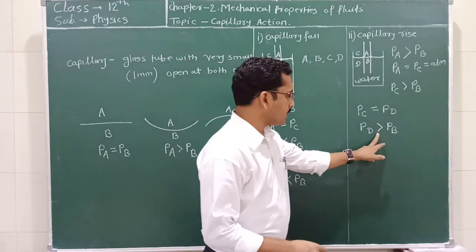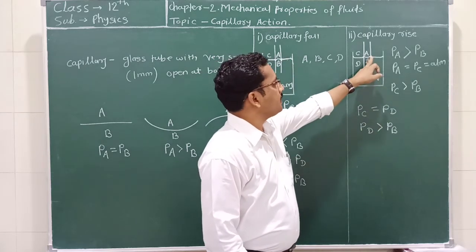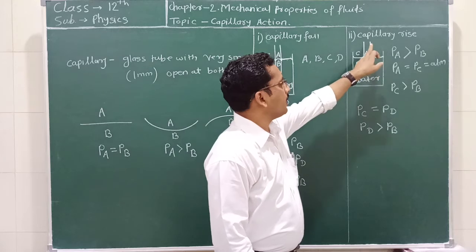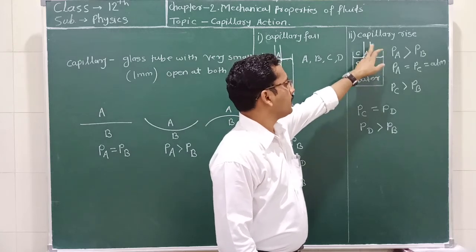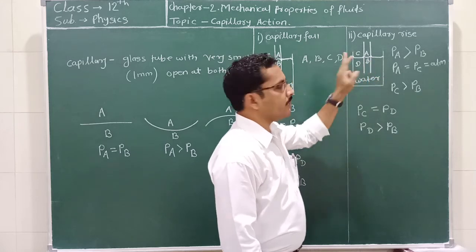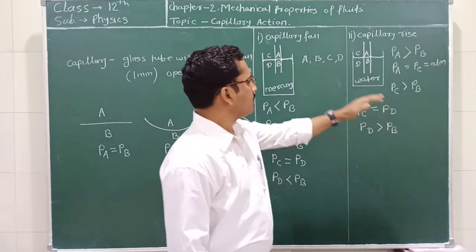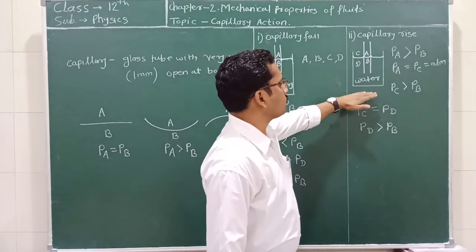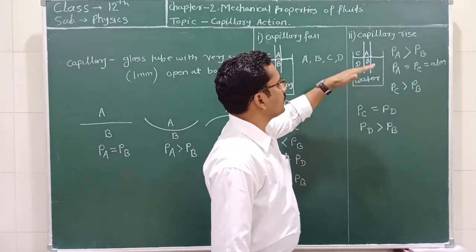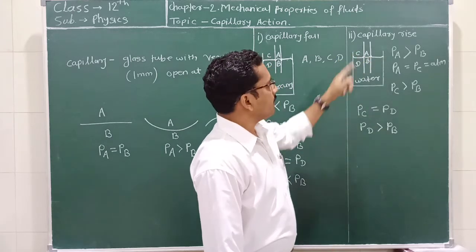So what happens then? Due to this pressure difference, the level inside the capillary tube rises till the pressure at point B becomes equal to the pressure at point D. So in the case of water, there is a rise in the level of the liquid inside the capillary.